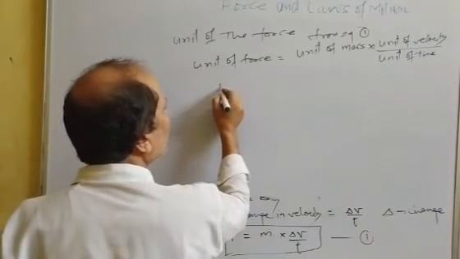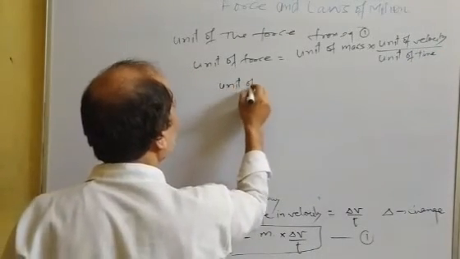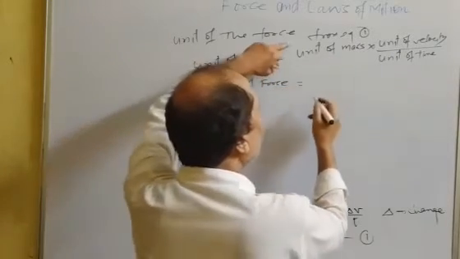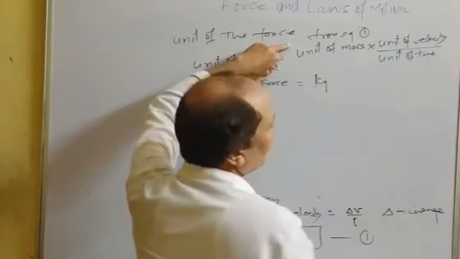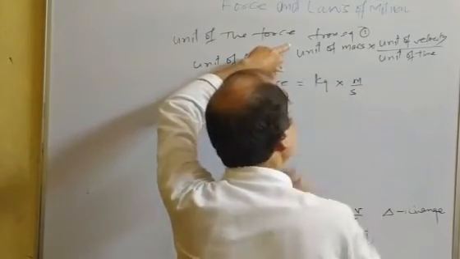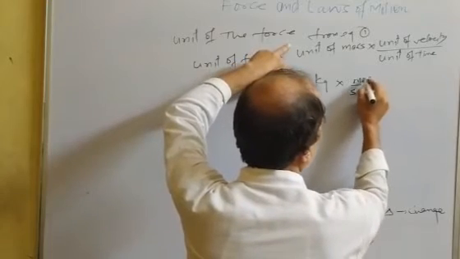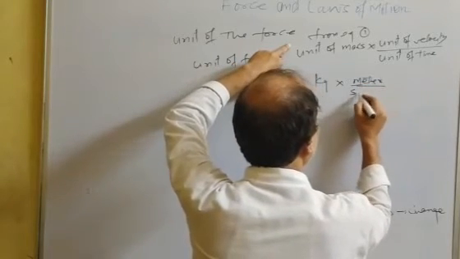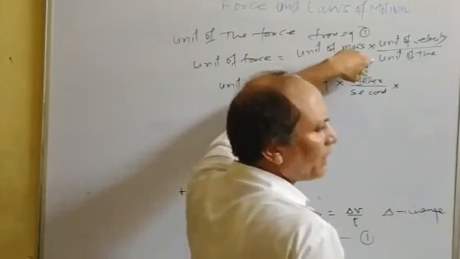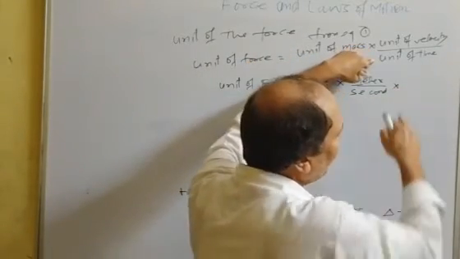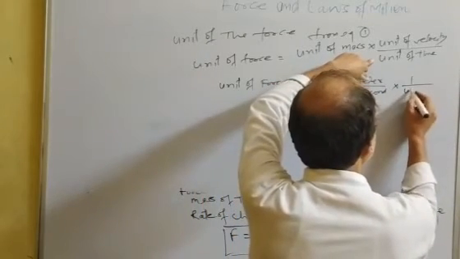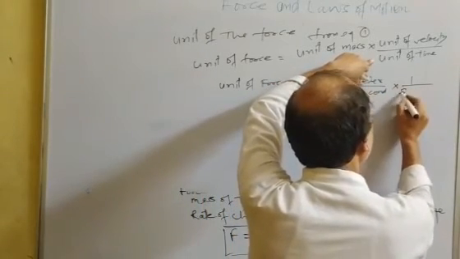The unit of mass is kg, the unit of velocity is meter per second, and the unit of time is second, which is written in the denominator.